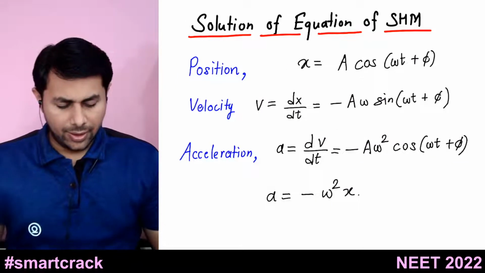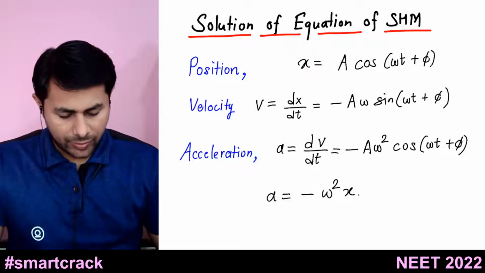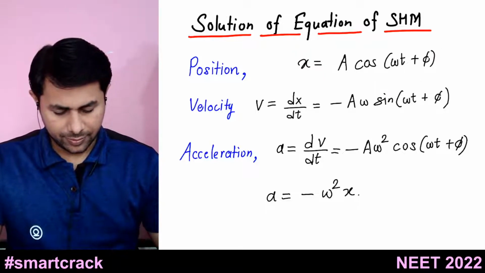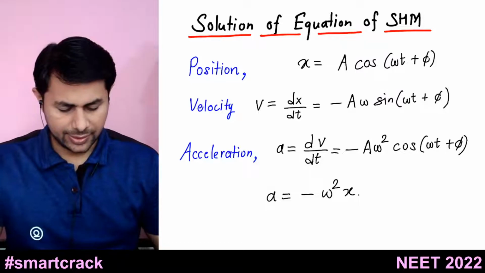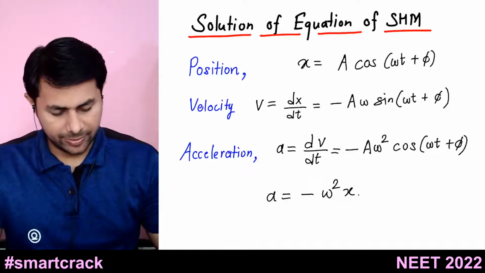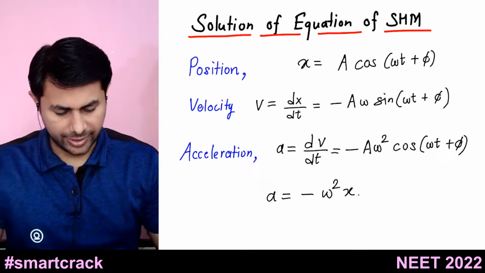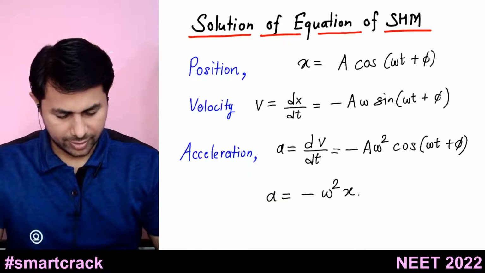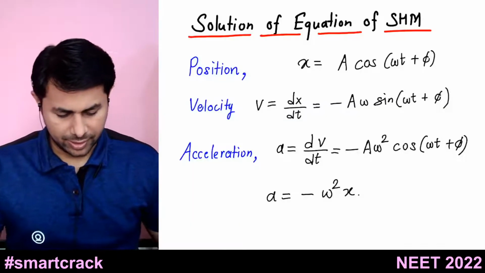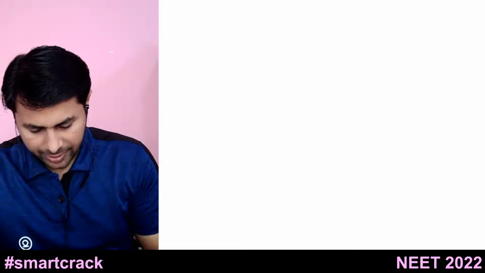So now what is this phi? In this solution, the term inside this bracket, omega t plus phi, is known as the phase of oscillations.